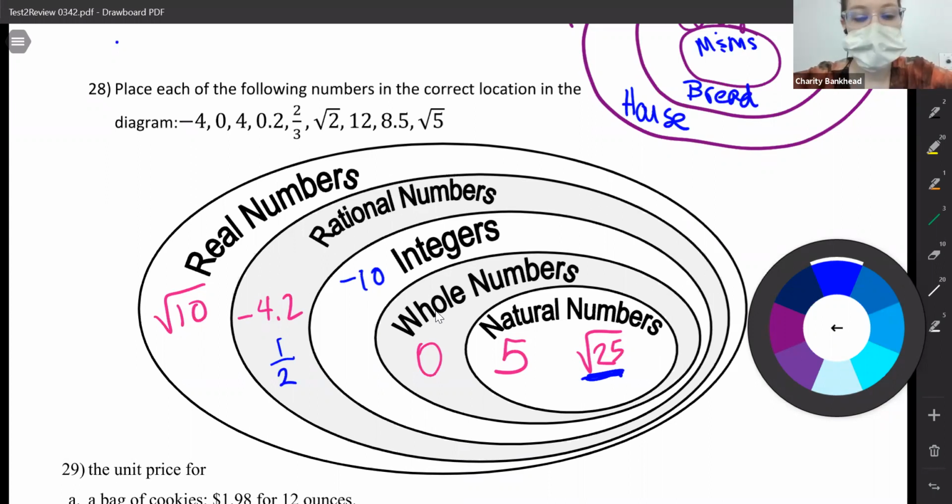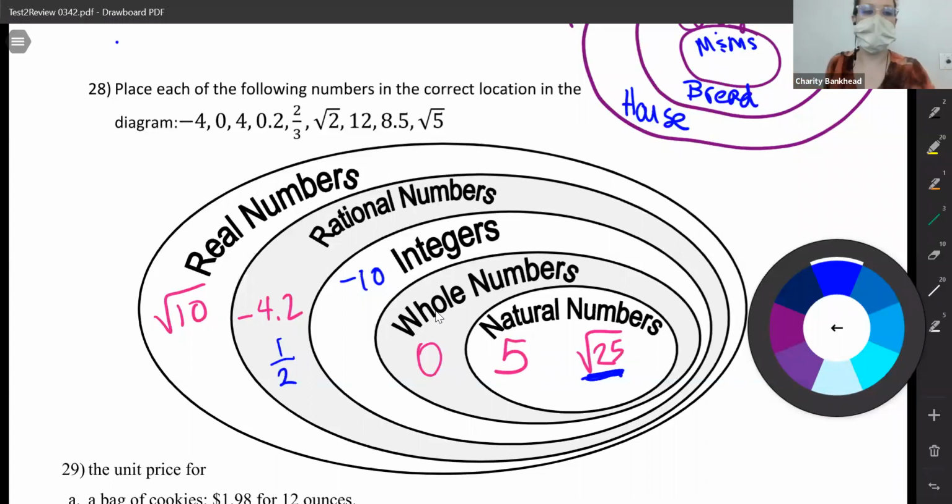So if you were asked like, is 5 a real number? Yes, it is. Is 0 a rational number? Yes, it is. It is, because real numbers encompasses all of that. Well, there's imaginary numbers that are outside of that, but we won't even go over that this semester.